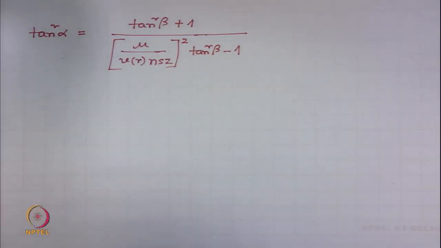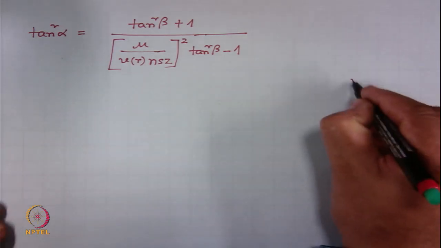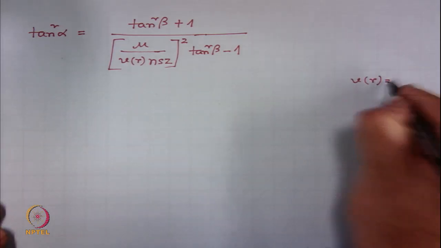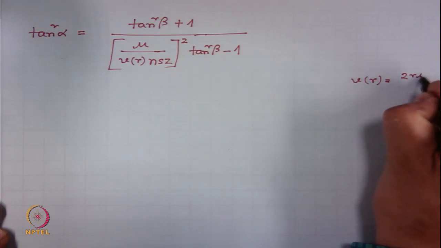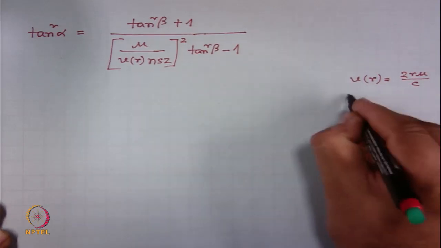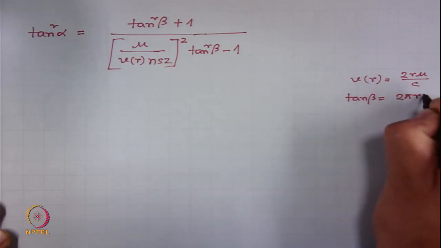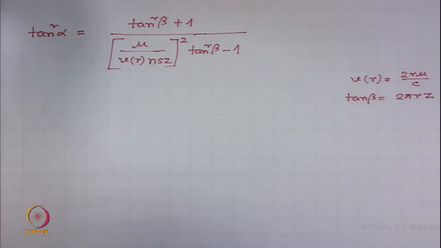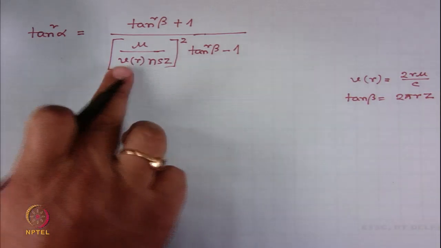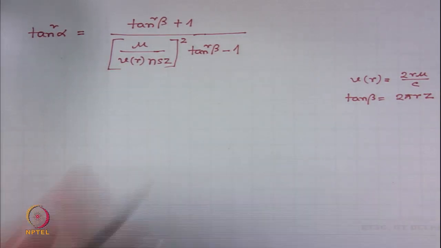This was the fundamental equation of radial fiber migration. Now, we substitute nu r with this and tangent beta with 2 pi r z. We will make these two substitutions into this expression, and we would like to see what it comes out.